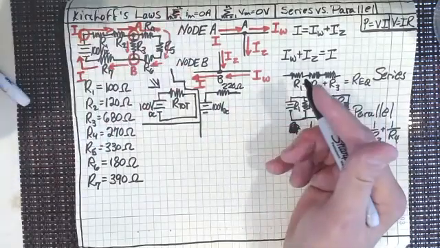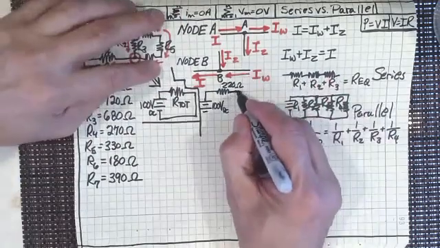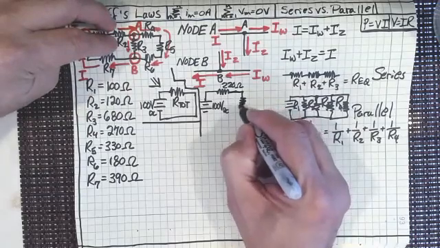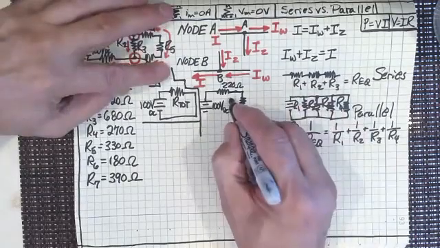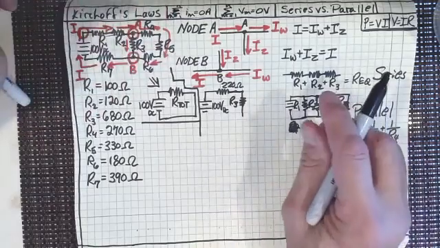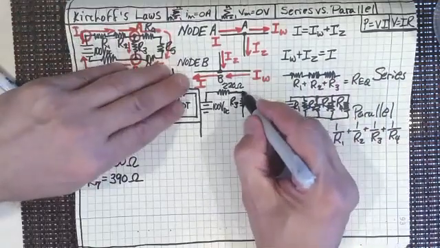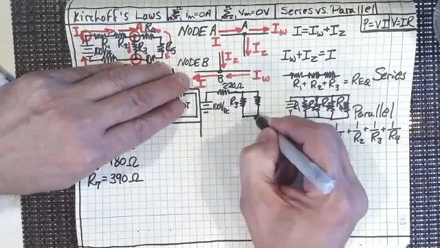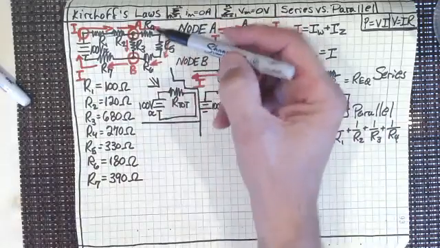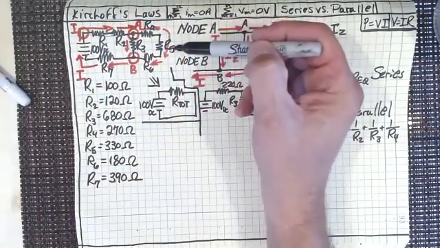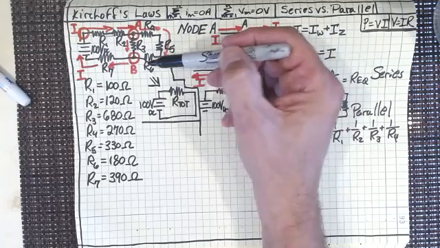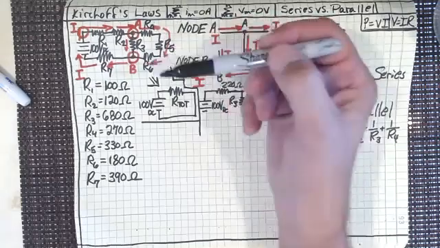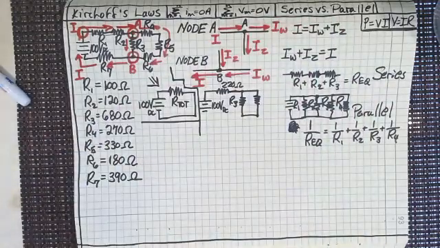Does everyone see that? All right, so I'm still going to leave in R3, right? R3 is still there. So R3, we're going to take care of that in a little while. But then I'm going to put in parallel with R3 only one resistor. Now, why am I only putting one resistor there? Because I've got R4, R5, and R6 all in series. So I can replace R4, R5, and R6 all in series with one resistor.